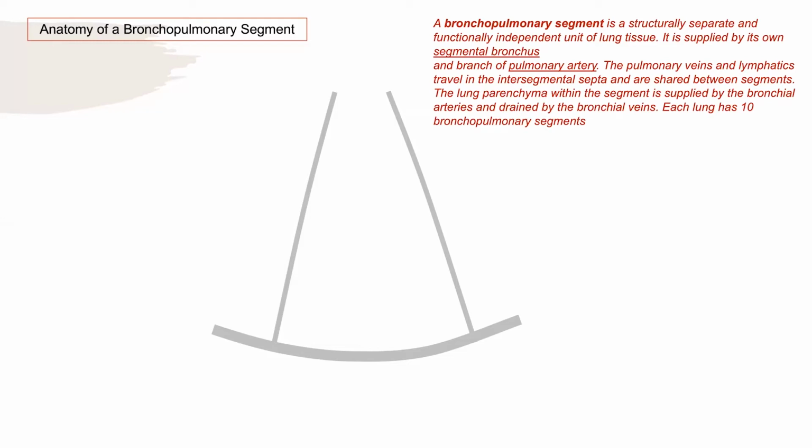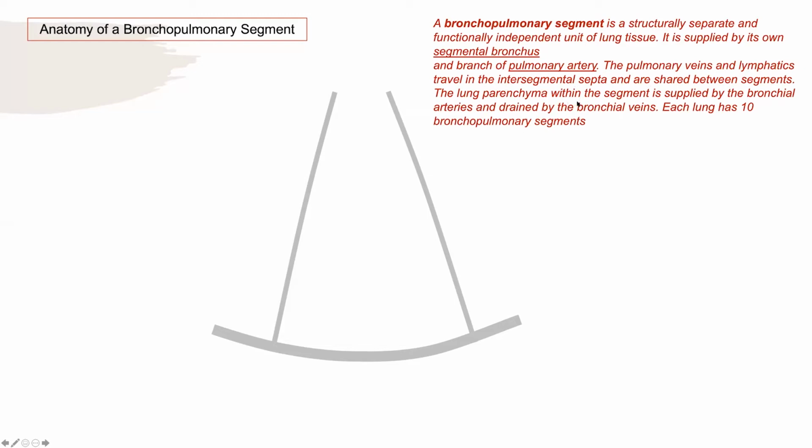The pulmonary vein and lymphatics travel in intersegmental septa. So these are my intersegmental septa. They can be shared, but the main thing is it has its own principal bronchus and it has its own pulmonary artery. And what is being shared with the others? Pulmonary vein and lymphatics. Intersegmental septa are shared between the segments.